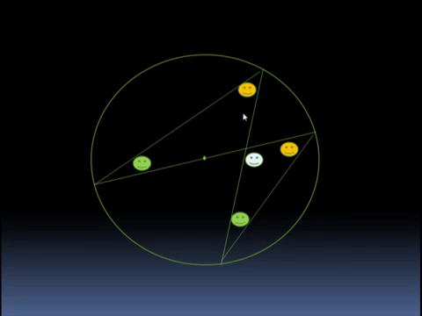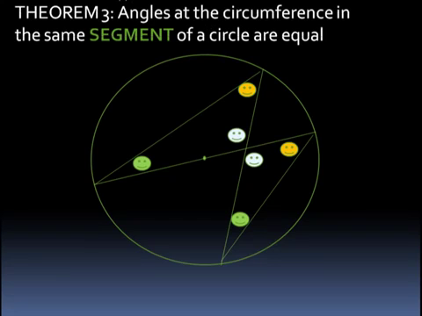But also from the standpoint that the three angles in the triangle must add up, if these two are equal to these two respectively, then these two angles will also be equal. So circle theorem 3 is that angles at the circumference in the same segment of a circle are equal.